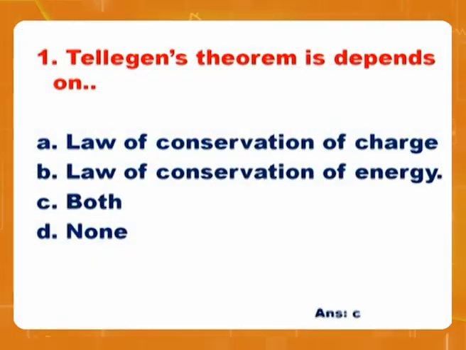That means KVL and KCL. Kirchhoff's current law is based on the law of conservation of charge. Kirchhoff's voltage law is based on the law of conservation of energy. Therefore, Tellegen's theorem is based on both. That's why the answer is C.